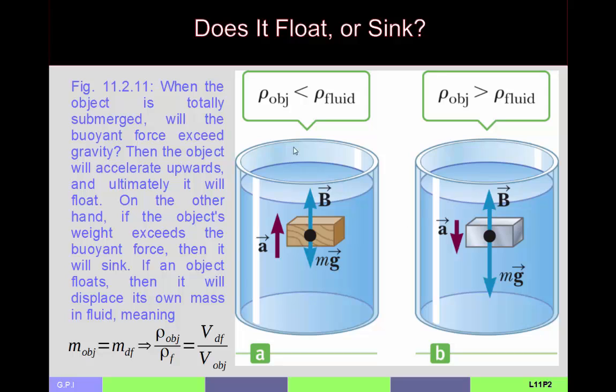And if, on the other hand, the object is less dense than the fluid, then the result is that there's more fluid mass displaced than there is mass of object to do the displacing, and so the buoyant force will exceed the weight of the object and it should float.